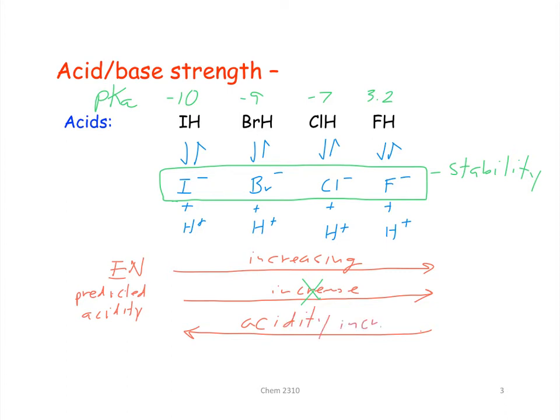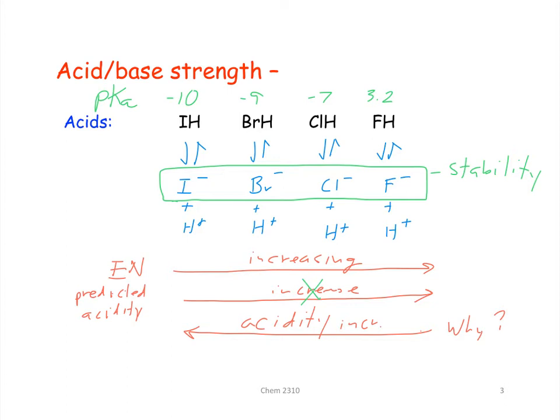So why? It doesn't match what we predicted, so there's something else going on. I mentioned it in passing at the end of the last slide. The main other difference between these atoms is their size.